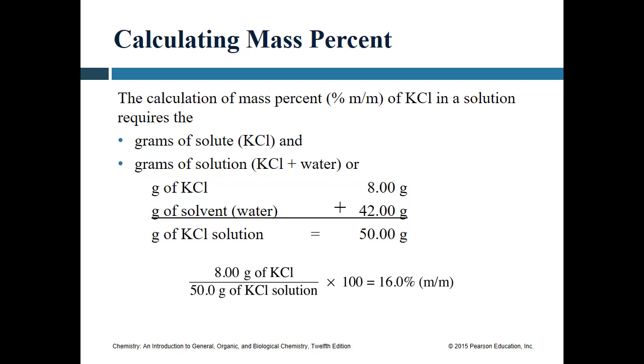All that'll tell you is that in 100 milliliters of that solution, whatever the percentage is, that would be how much of the solute would be in there. So if I have a 5% mass by volume solution of sodium chloride, that means that in every 100 milliliters of solution, there are 5 grams of sodium chloride.